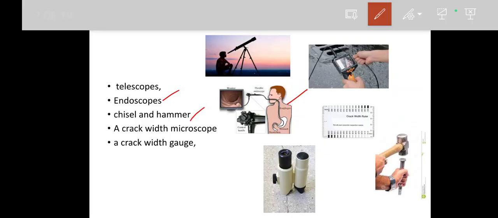And the next one is chisel and hammer. It also plays a major role. Suppose damage has occurred in a floor covered by tiles, or a false ceiling is there. In such places where we can't see the crack directly, we have to break that. We have to remove the plastering, or remove the tiles or marbles.